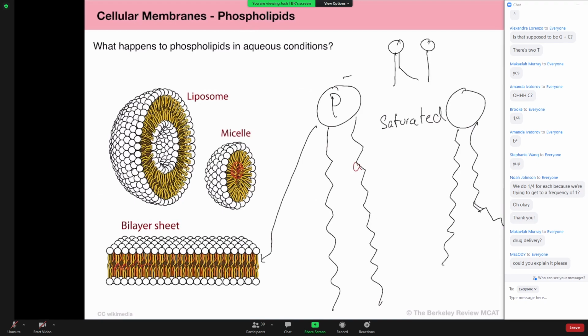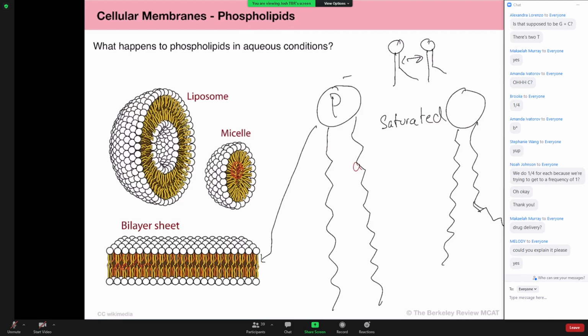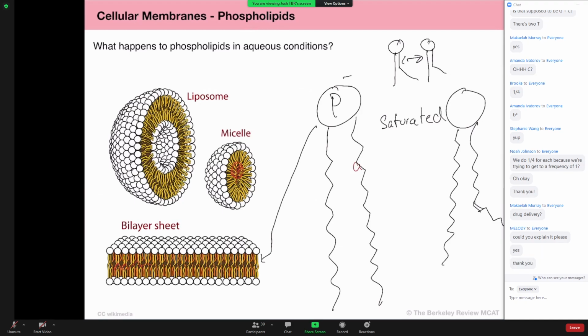Now if you have these phospholipids with tails, they're going to take up a bigger surface area and run into each other, and they don't stack quite as nicely. So it'll increase the fluidity. There'll be more available area for them to move. Melody, does that explain it for you? Great. Yeah, very important.